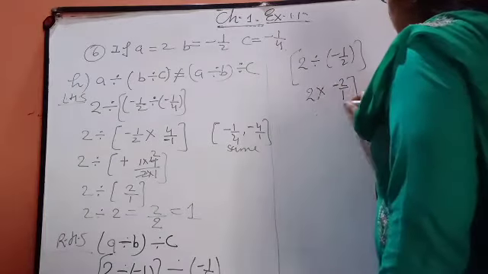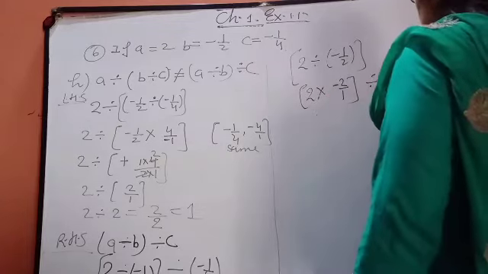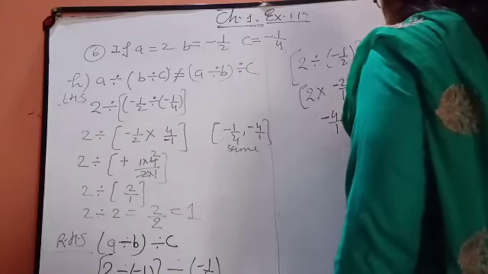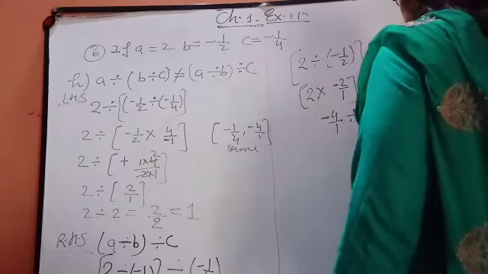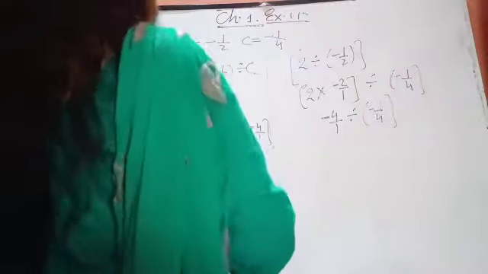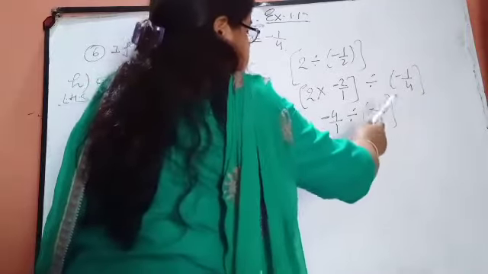And here 2 divided by minus 1 upon 4. So 2 fours are 8, no, it becomes minus 4 upon 1 divided by minus 1 upon 4. Now again take this divide sign as into, and take the reciprocal of this one.